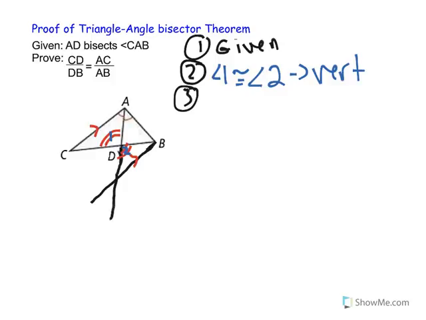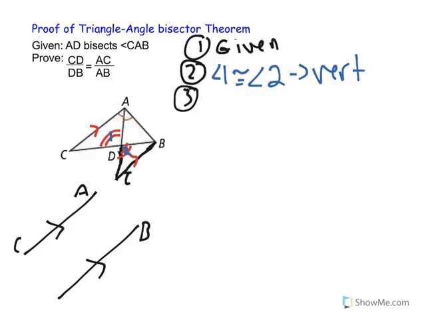And then now using the parallel side that I just drew in, I have parallel lines. Now let's put a letter here in case we need it. Now a line that connects both of those parallel lines will be the one that goes from C to B, which gives me alternate interior angles.